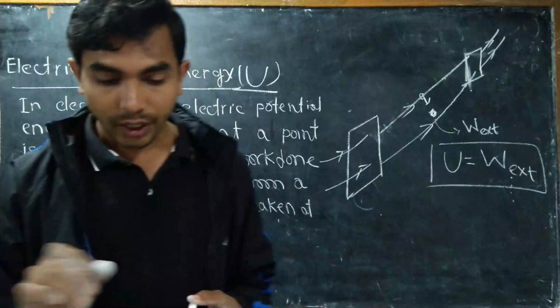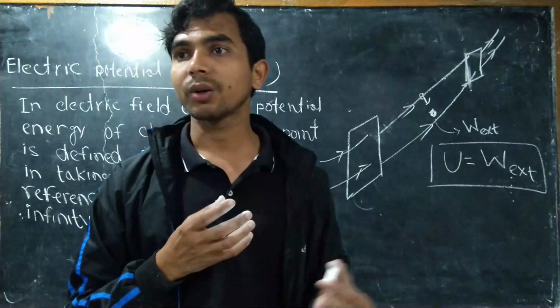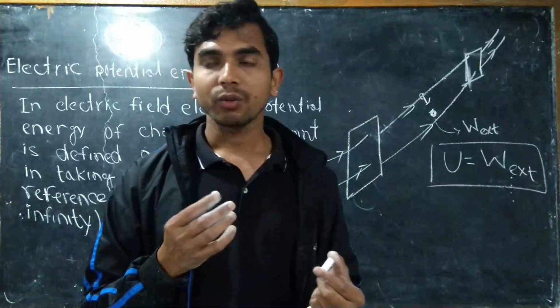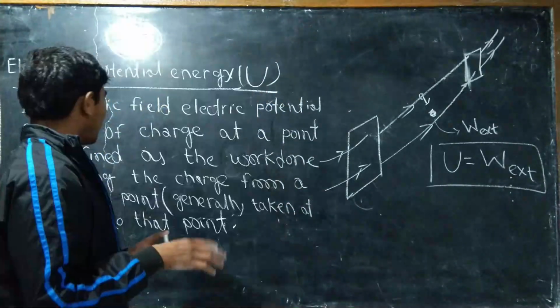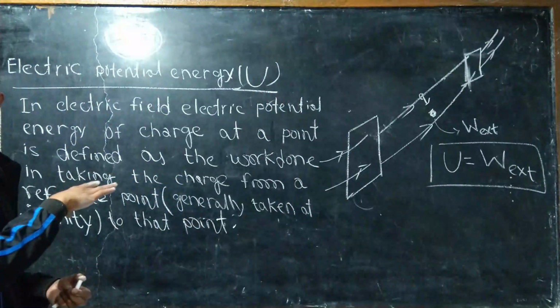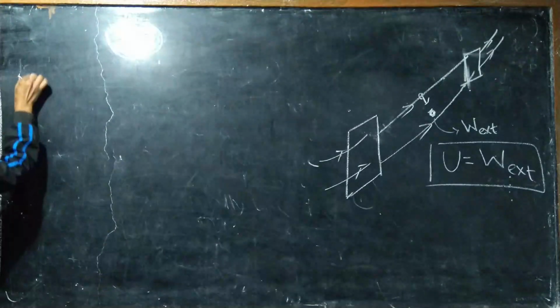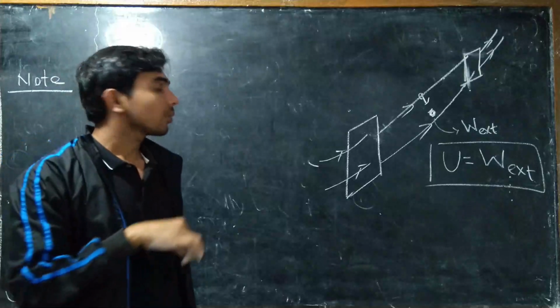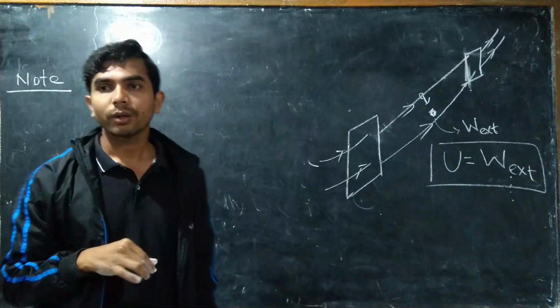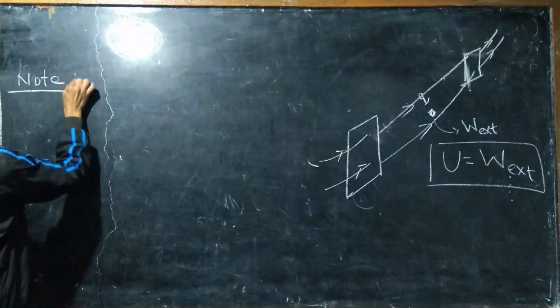Oh, sorry. Before that, I have to discuss the unit and those things. You have to write some points regarding this. I hope you have written this part, so now I'm going to wrap this part. First I'm going to talk about the unit. What is the unit of potential energy?